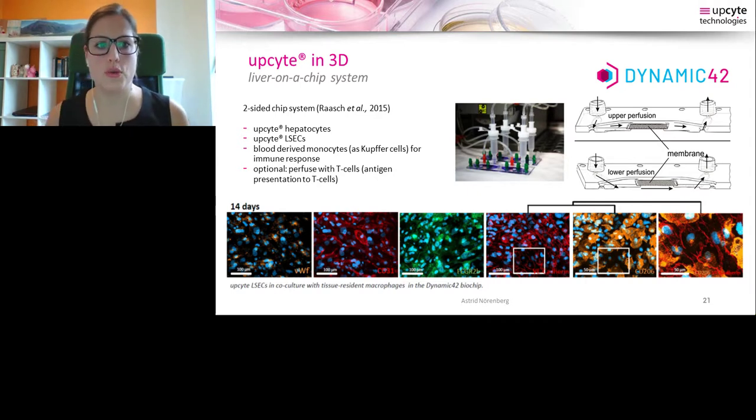And what you can do is also include, for example, blood-derived monocytes, which represent the Kupffer cells, into that chip. Another option would also be perfusing with T cells for the antigen presentation. So there are a lot of possibilities, and there's a lot of research currently going on in regard to co-cultures and 3D cultures, and we're really thrilled to see more.